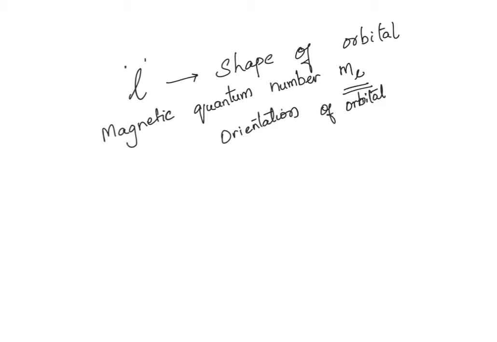First of all, the rules for magnetic quantum number m sub l. The magnetic quantum number m sub l goes from negative L all the way up to 0 and then all the way up to positive L. Magnetic quantum number cannot be a fraction.